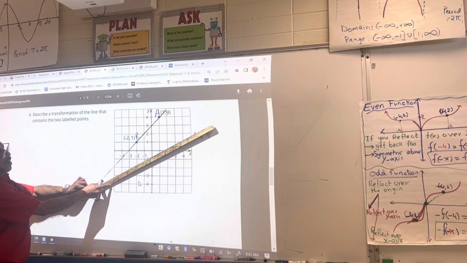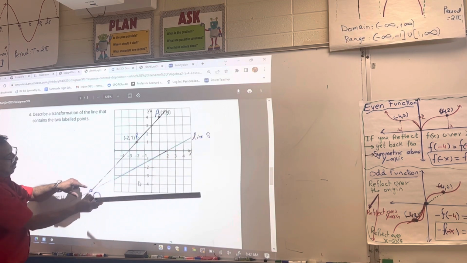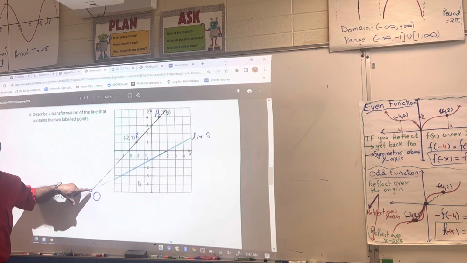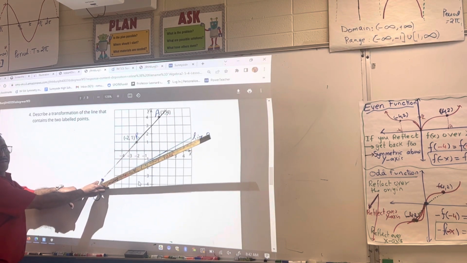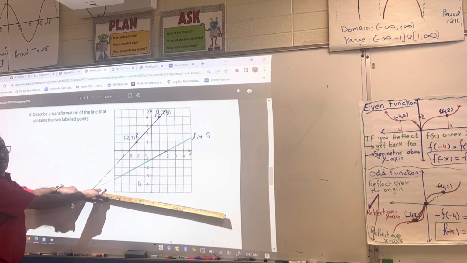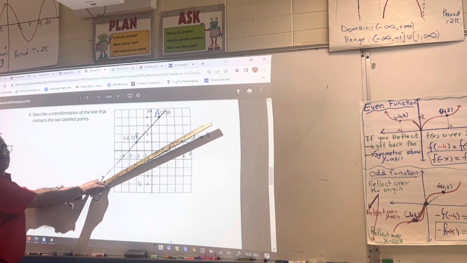If I rotate clockwise, this will go down. If I go clockwise, it won't help me, right? So the only way is to go counterclockwise. Can you see?